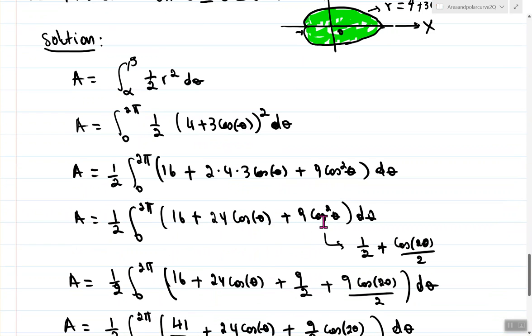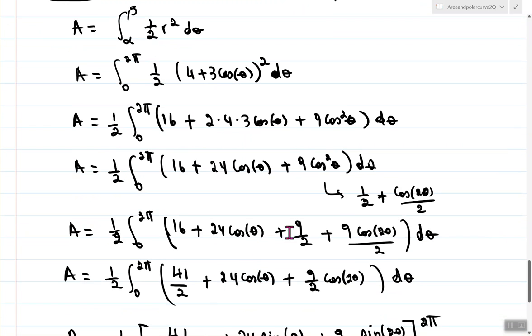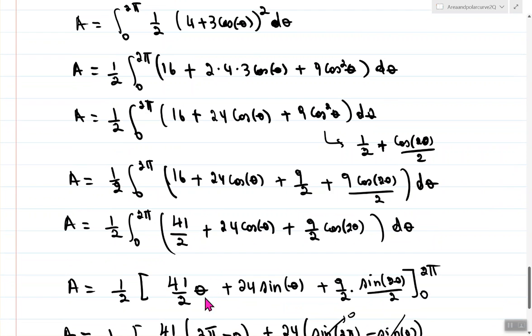You end up with 9 cosine squared theta here, which you cannot integrate until you change it using the double angle formula. When you plug in this, multiply by 9, you get this. Add like terms, 9 over 2 plus 16 gives you 41 over 2. And I have 24 cosine theta plus 9 over 2 cosine 2 theta.